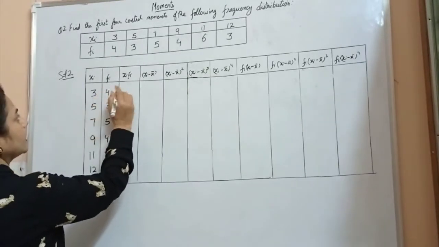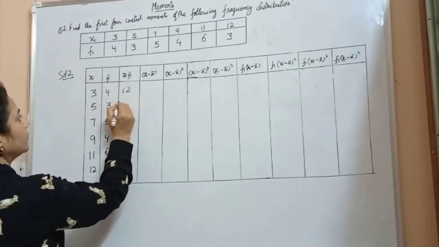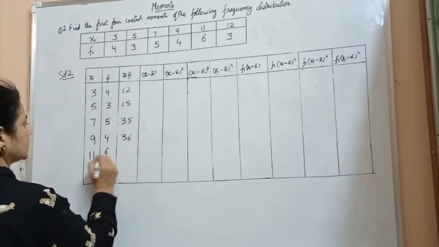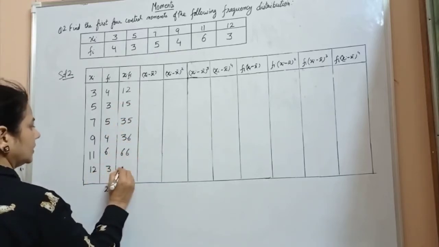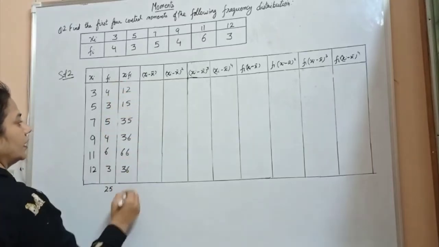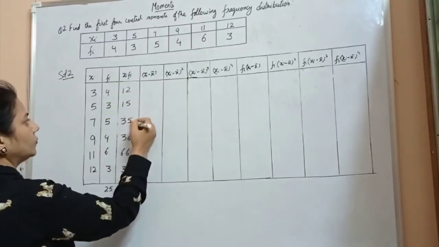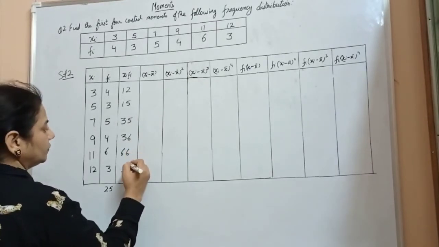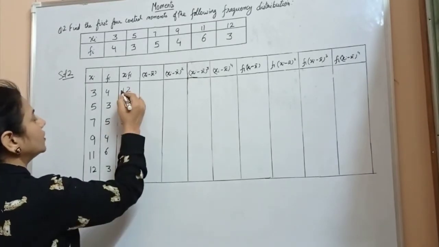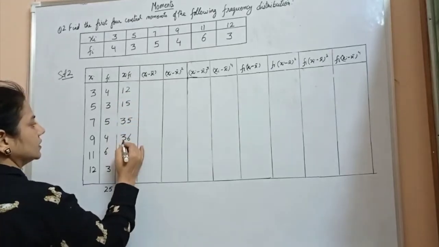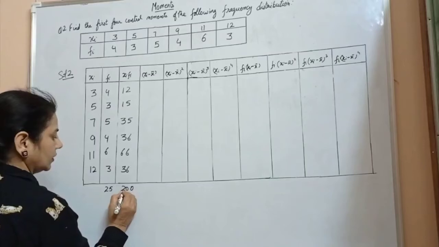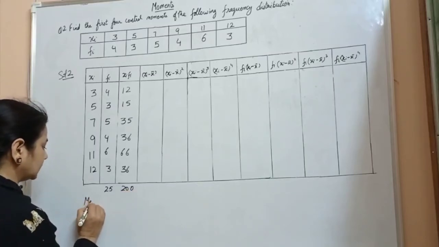Then fi xi: 3 fours are 12, 15, 35, 36, 66 and then 36. On adding again, 12, 27, 63, 129, 165, 200.